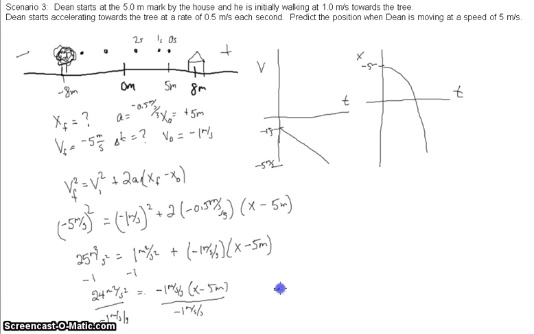Alright, I'm going to bring this over here. That's a terrible arrow right there. And you have negative 24 meters is equal to x minus 5 meters. X will then equal negative 19 meters.